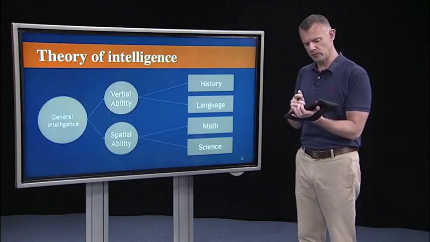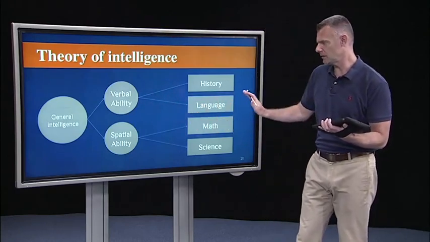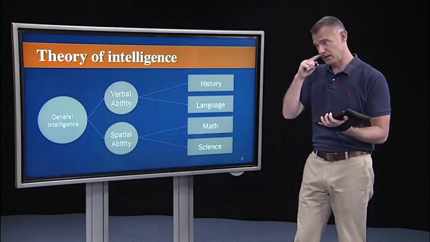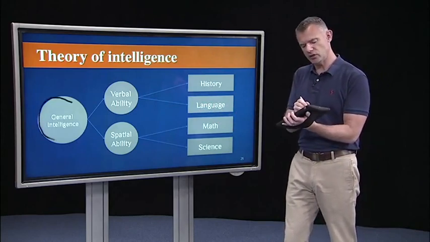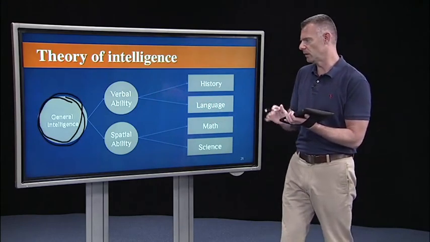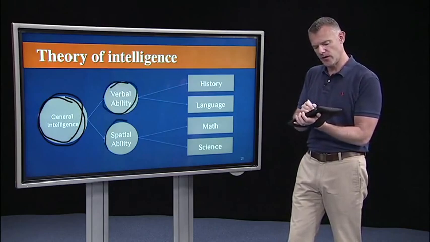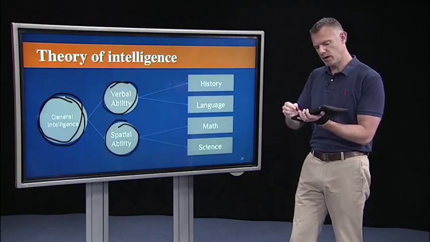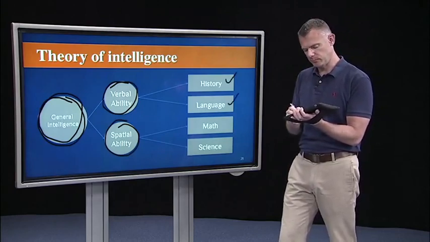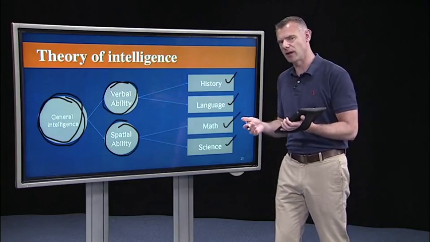So what that led people to propose is what's known as a hierarchical model of intelligence. And this remains the most dominant model of the structure of human intelligence to this day: the idea that there's still this general intelligence, or g factor, if you've heard of that in the media. There's a general intelligence, and then there are several of these group factors, as they're known, that predict performance in lots of different academic classrooms or in different kinds of mental tests, different types of IQ tests.